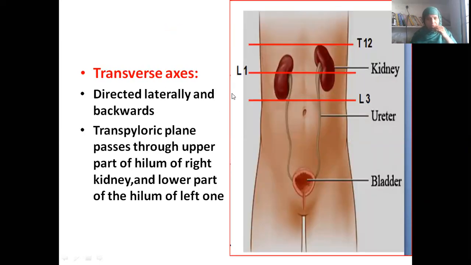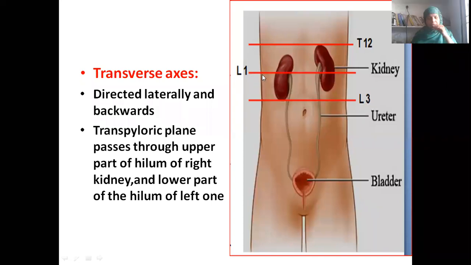Now, if you observe the transverse axis, you remember we had the transpyloric plane? Yes, the transpyloric plane passes through the upper part of the hilum of the right kidney and the lower part of the hilum of the left kidney, because the left kidney is in a slightly higher position and the right kidney is slightly lower.